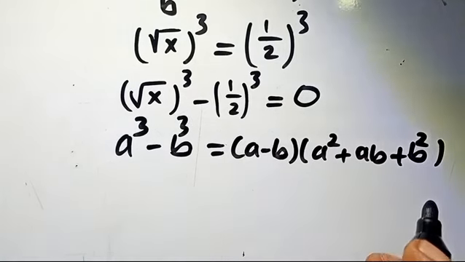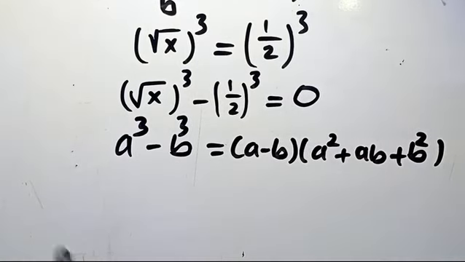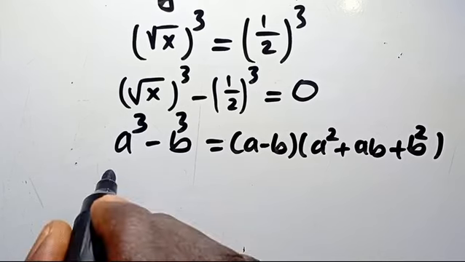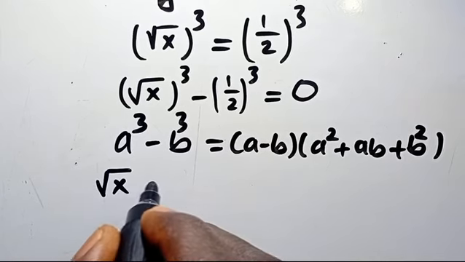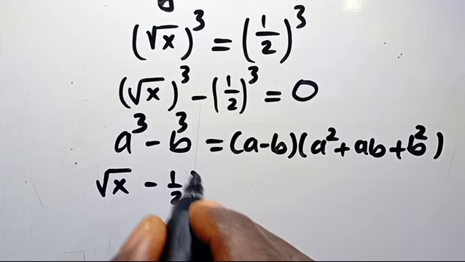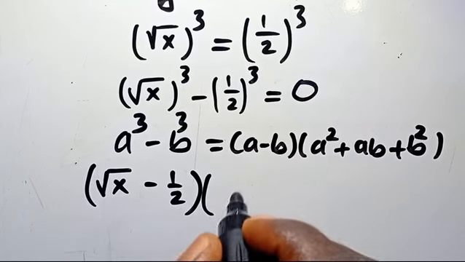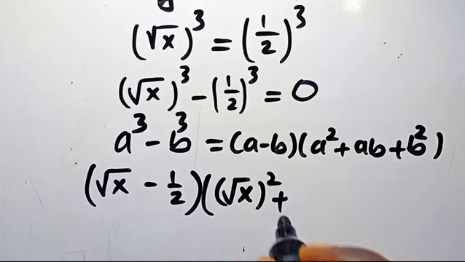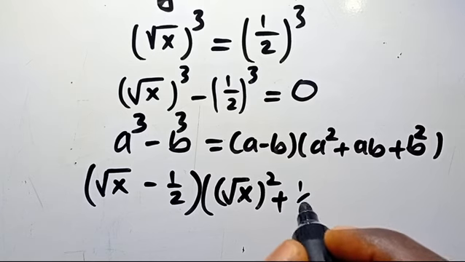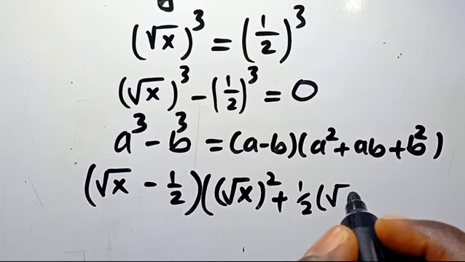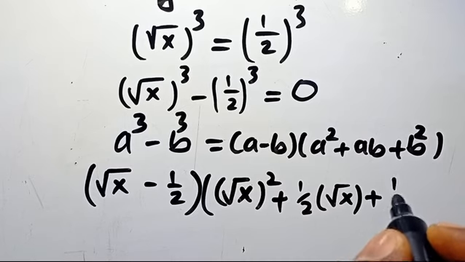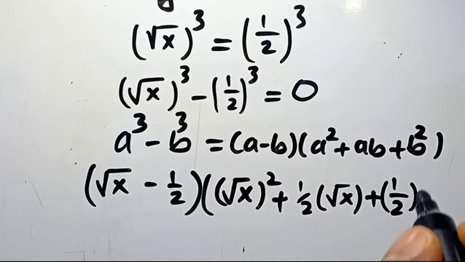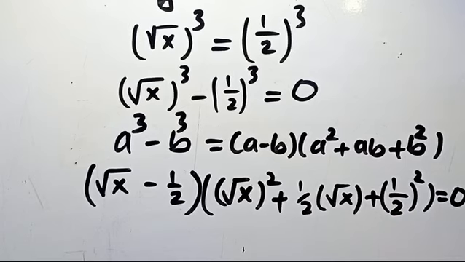So from here, we are going to have (root x minus 1 over 2) times ((root x) square plus 1 over 2 multiplied by root x plus (1 over 2) square) equals 0.